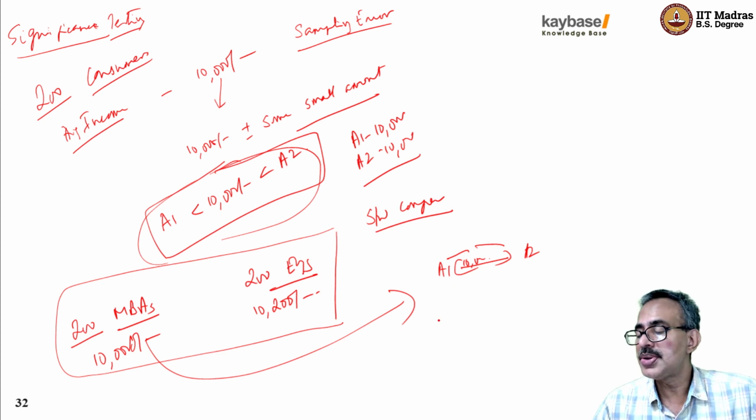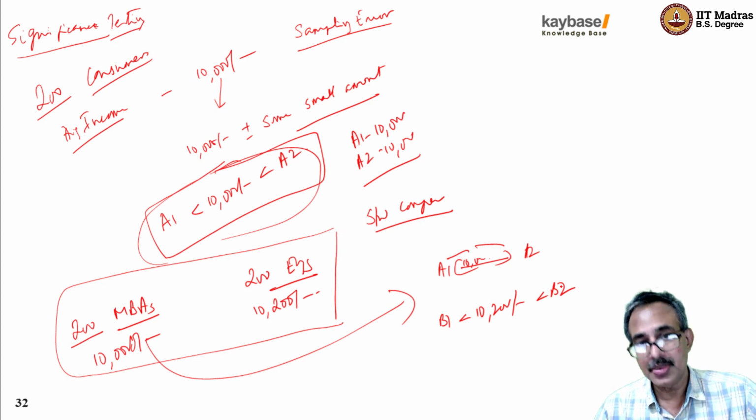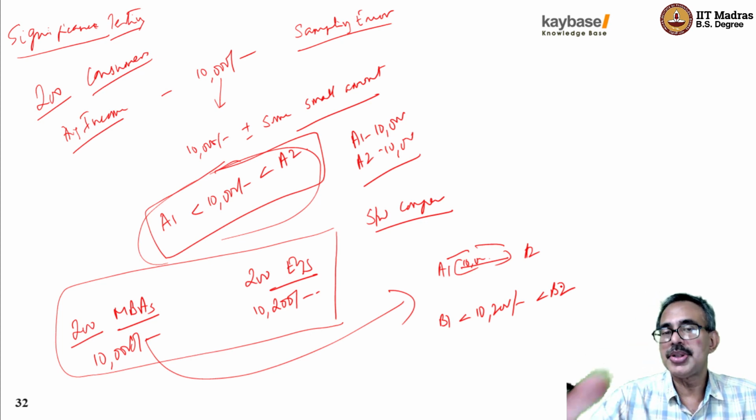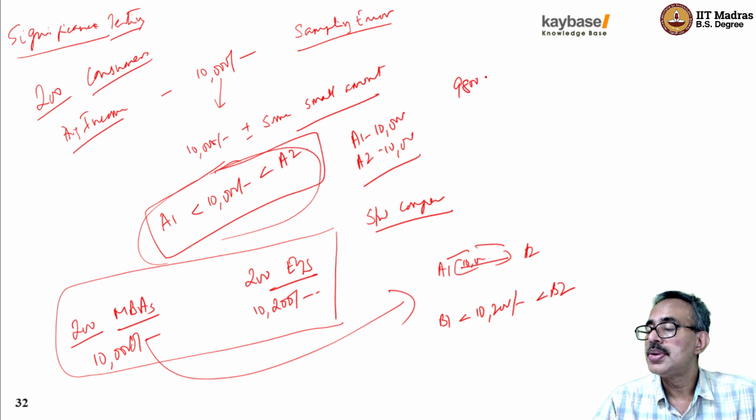Likewise, 10,200 is also a range between B1 and B2, right? Now, let's assume, just for argument's sake, that the range is 9,800 to 10,200. This is A1, this is A2.